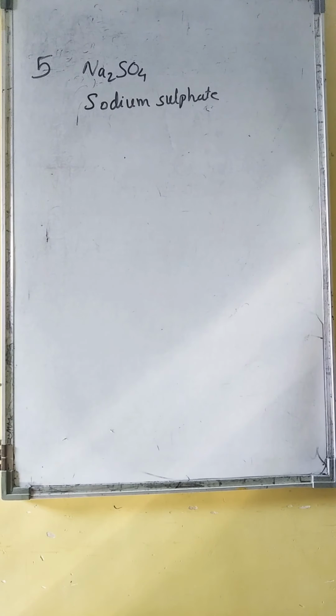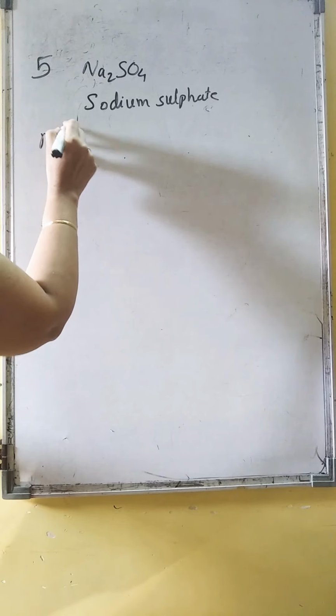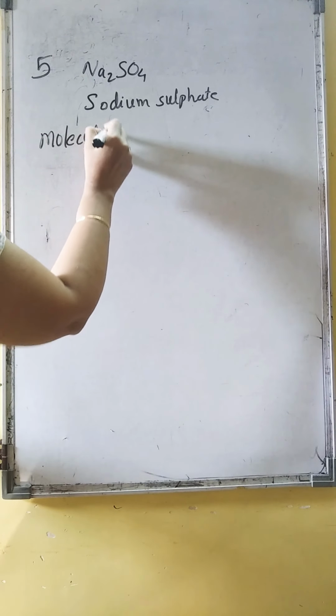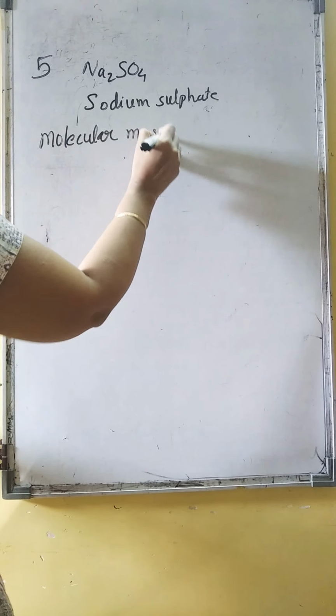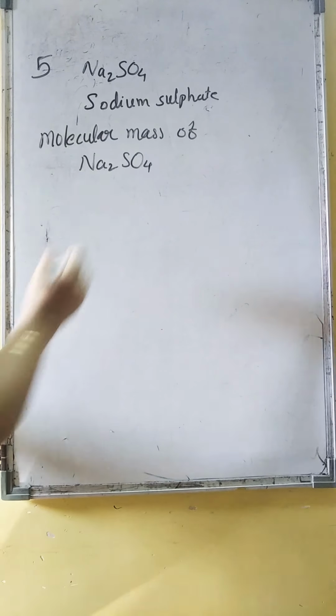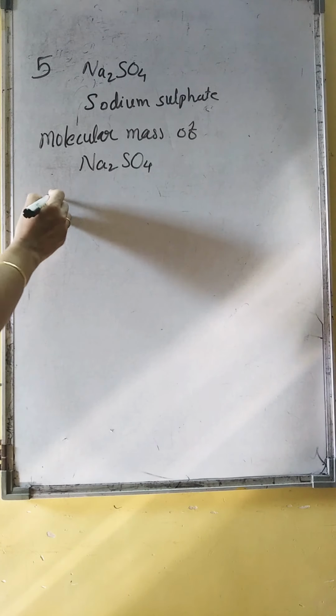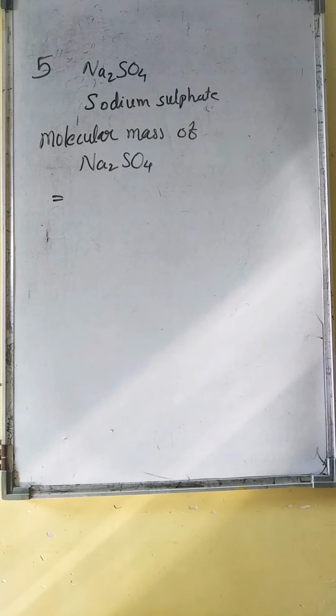Right? So after writing this, children, now we are going to find out the molecular mass of Na2SO4. Now as we did during the chapter when the explanation was going on, we have seen how to write down all the things. How many Na atoms are there? Write down.